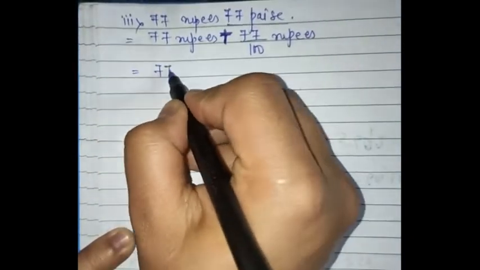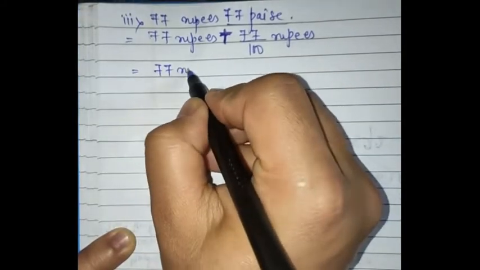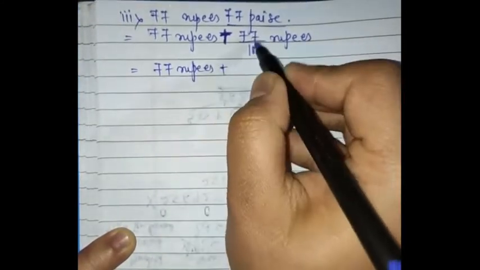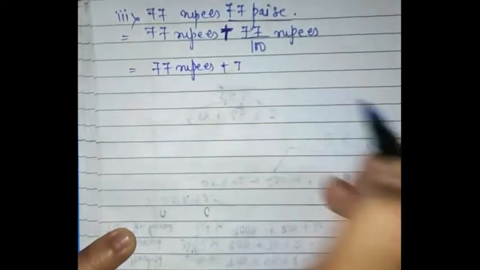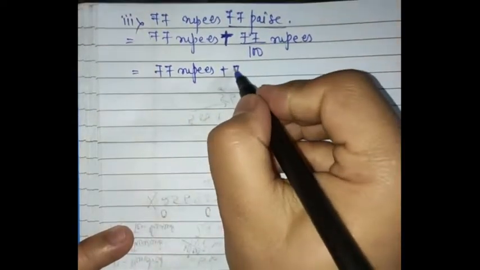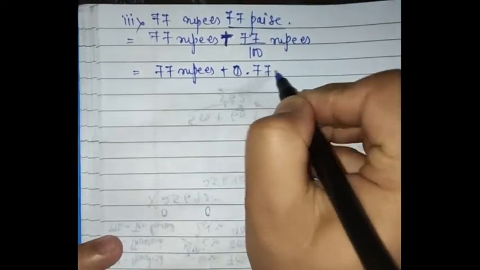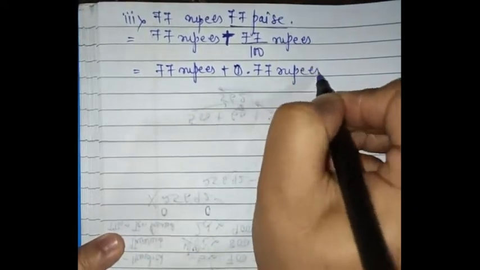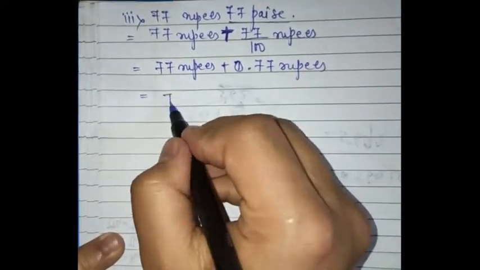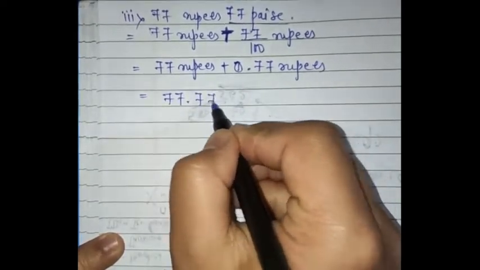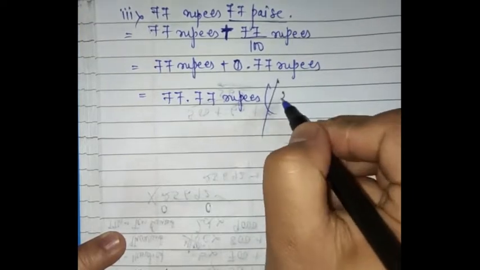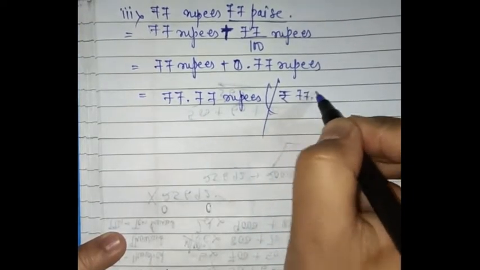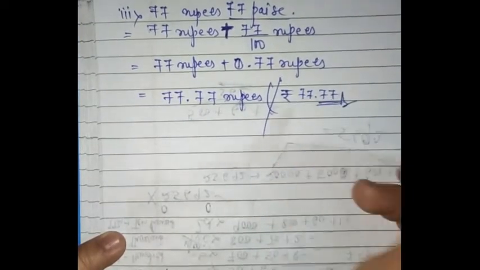Whenever you divide this, we are going to get 0.77 rupees. So when you add this, we will get 77.77 rupees. This we have converted into rupees form.